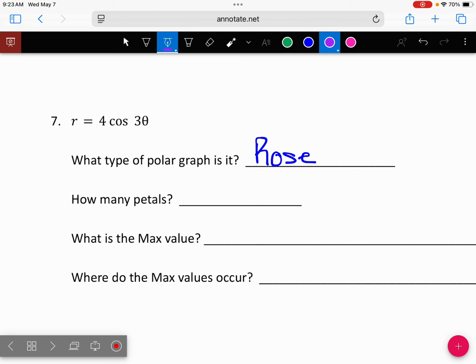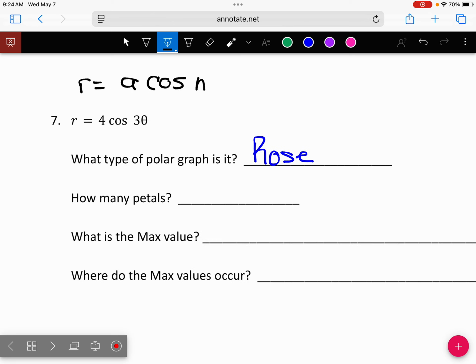Normally when we look at our roses, we have r equals a cosine of n theta, and n is the guy that we're looking at. n equals 3, which is odd. If we have an odd n, the period is going to be pi. If it's even, it's 2 pi. And if it's odd, we have n petals. So we're going to have 3 petals.